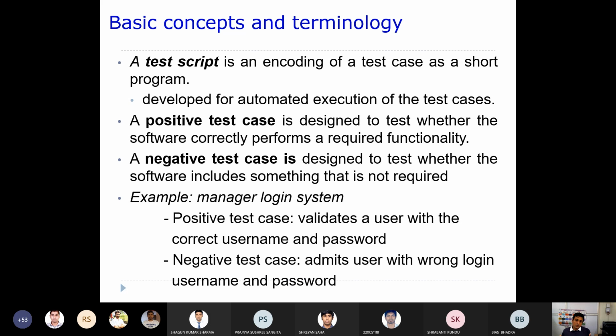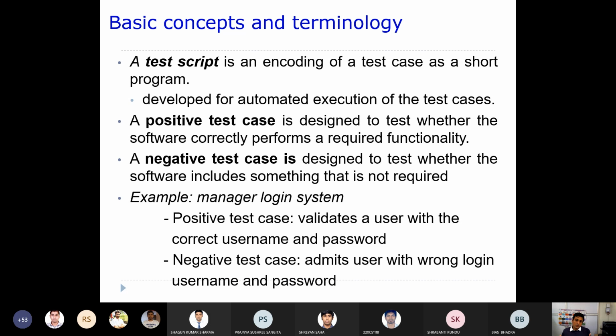The negative case is when a manager or any person tries to enter the system with a wrong username and password. When that is entered, how is the system going to respond? Actually, this is not really required. We want to validate someone, that is a requirement, but admitting a wrong user is not required.